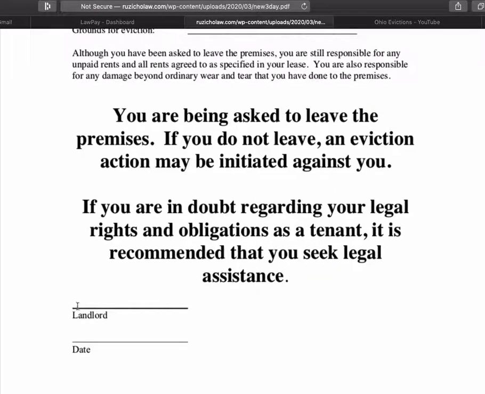And then you can print or sign your name here as the landlord, the property manager, or the notice server. Contrary to what many tenants might argue, you do not have to sign this. You do not have to have it notarized, at least not that I'm aware of. You can simply print or type in your name here, and then the date would be the date of posting the notice.